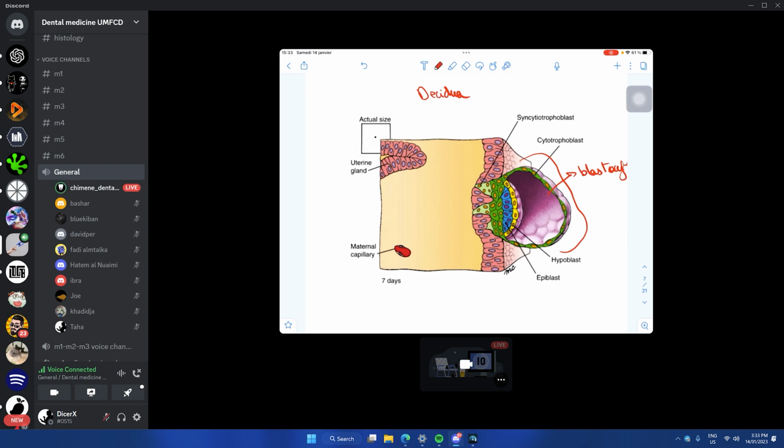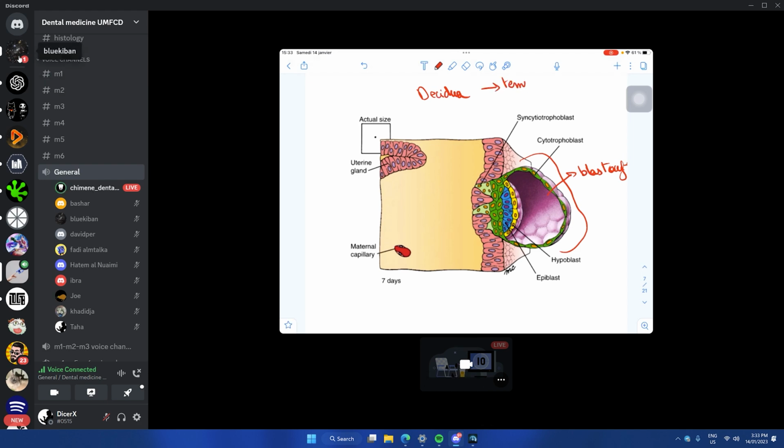When it comes to pregnancy, when the embryo implants into the uterine cavity, the endometrium, the lining of the uterus, will become the decidua. As I've told you, the decidua is temporary, it's not permanent.